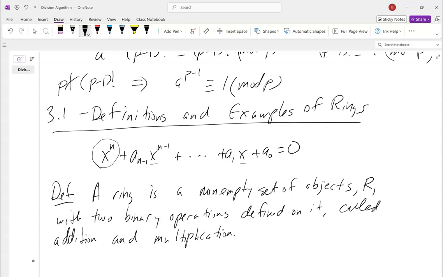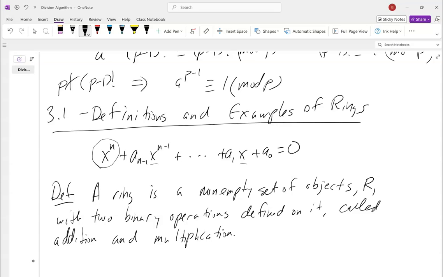Notice that if I want to be able to solve such an equation, I need to be able to manipulate things around. I need to be able to manipulate my addition, and hopefully I can manipulate my multiplication.